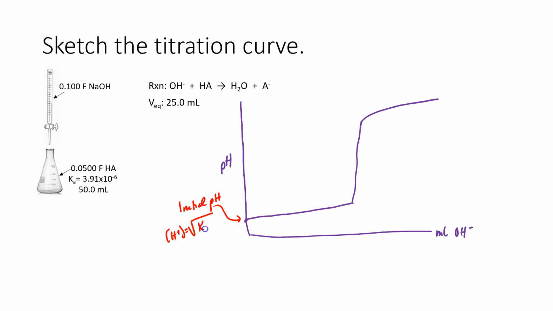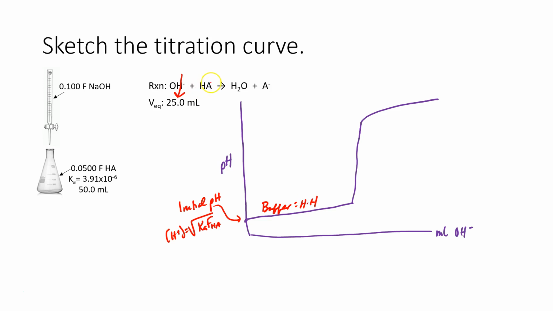We got away with that. And then here, we were in this buffer region. Remember, we were before the equivalence volume. Every time you added OH, it got consumed. All you had before the equivalence volume was HA and A minus, so we used the Henderson-Hasselbalch equation.